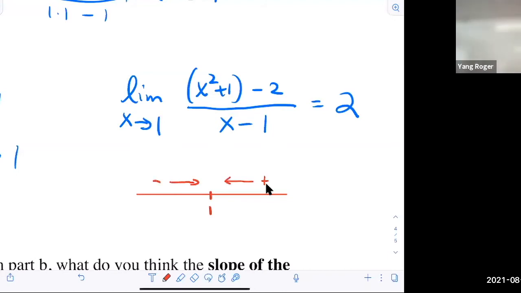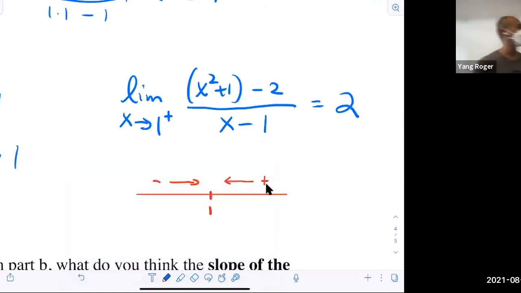And you need both of those answers to be the same for the limit to exist. That's what we talked about in 1.5. In this particular case, we're only coming from the positive side of 1.